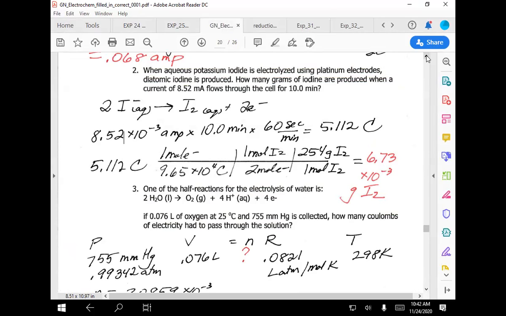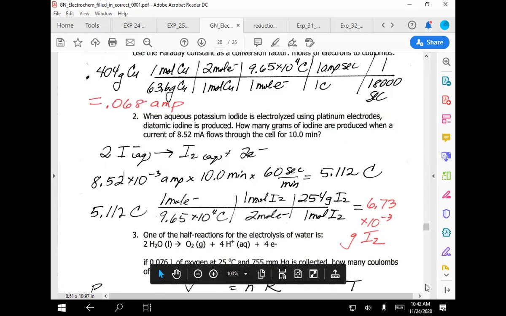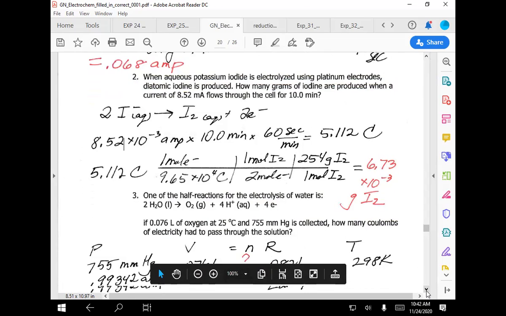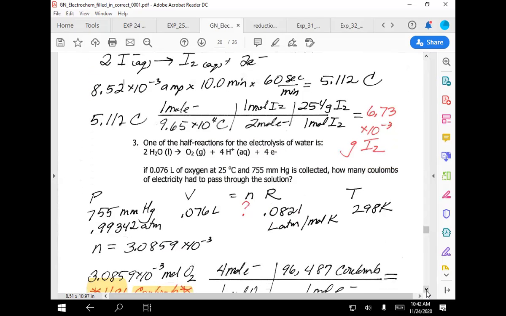Does anyone know where we were? Because I don't. Okay, if you could please get out your lecture notes, let's figure out where we were. I think we did not do number 3 right there. Number 3? Yeah. Okay. We finished parts 1 and 2, but we didn't do 3. Oh, okay, thank you.